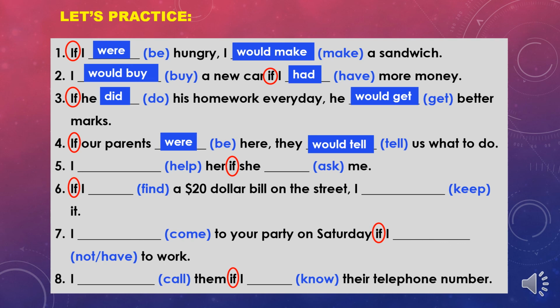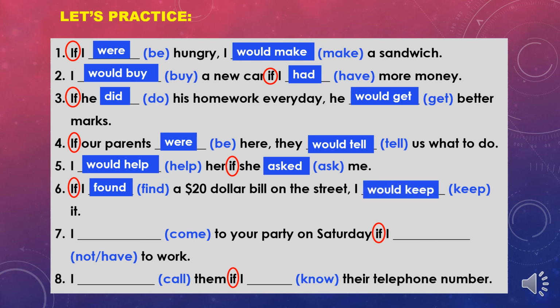Si nuestros padres estuvieran aquí, nos dirían qué hacer. Number 5, I would help her if she asked me. Correct. Yo la ayudaría si me preguntara. Number 6, if I found a $20 bill on the street, I would keep it. That's it. Si encontrara un billete de $20 en la calle, me los quedaría.